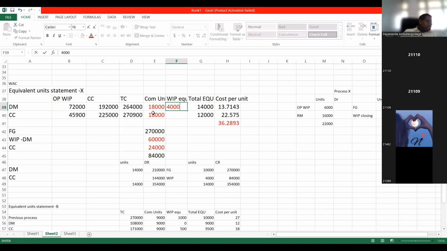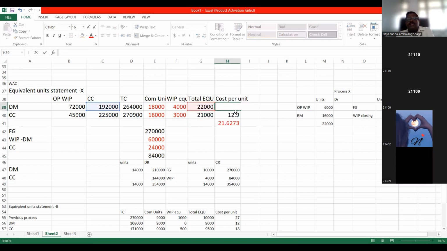But here it says the degree of completion from the conversion cost perspective is 75%. So 75% means 3,000. So you can get the total of total equivalents, 22,000 and so much.